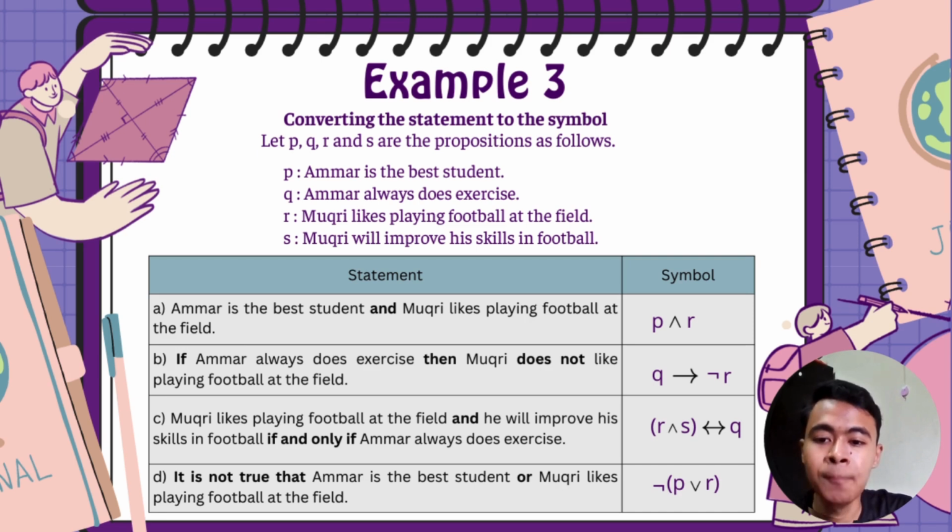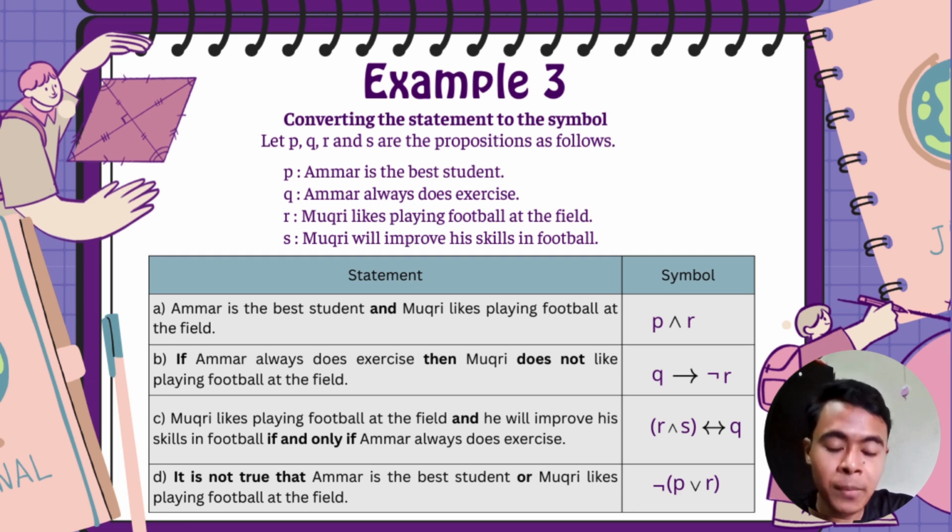The statement A: Amma is the best student and Mukri likes playing football at the field. In symbols, P and R. B: If Amma always does exercise, then Mukri does not like playing football at the field. In symbols, Q implies not R. C: Mukri likes playing football at the field and he will improve his skill in football if and only if Amma always does exercise.